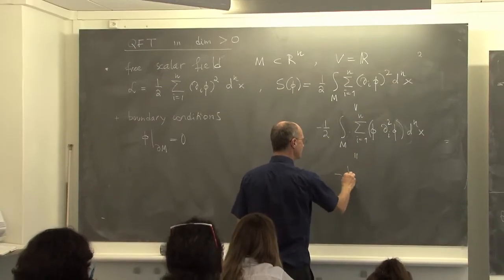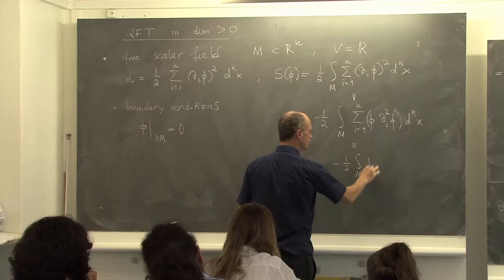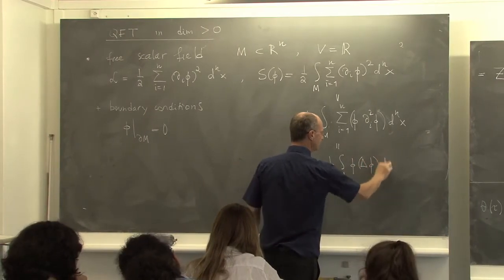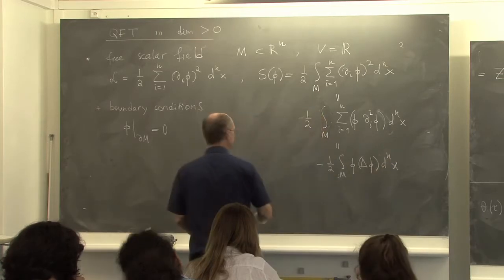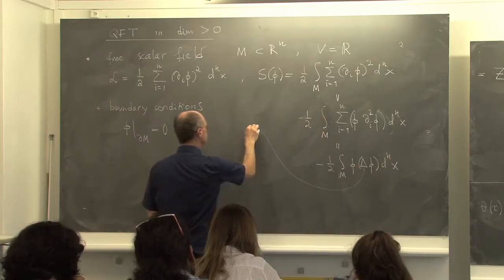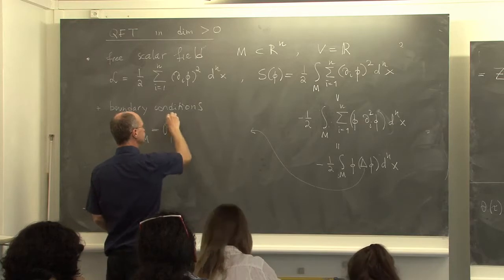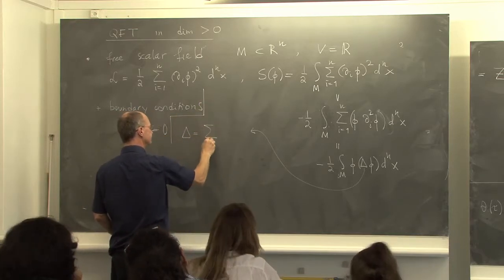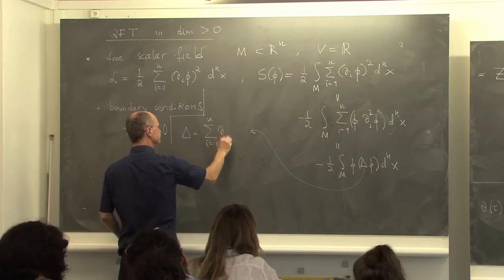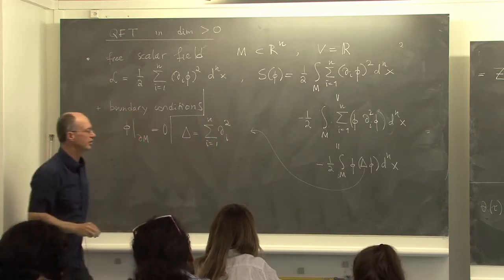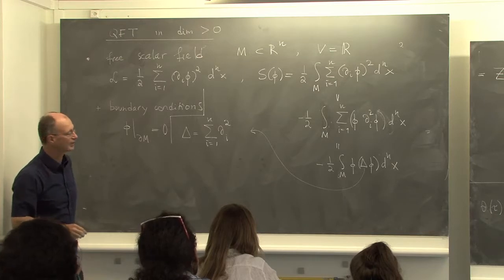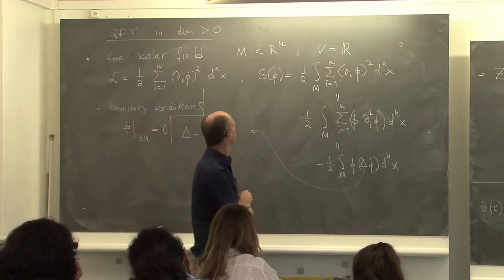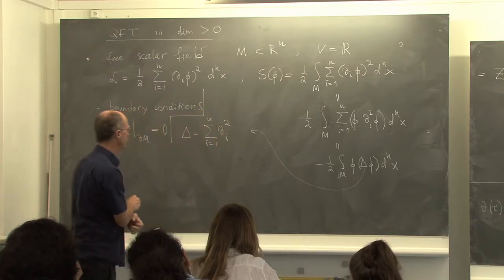This is minus 1/2 integral over M phi times Laplacian of phi, d^n x, where of course delta is the sum of the partial derivatives squared. Right? So that's the expression for our action.